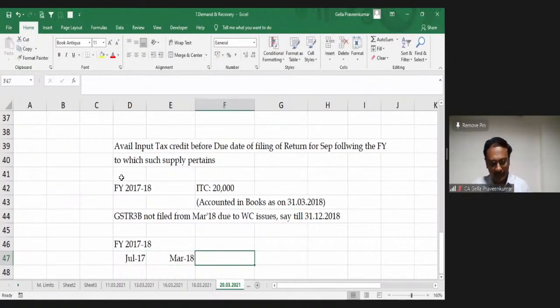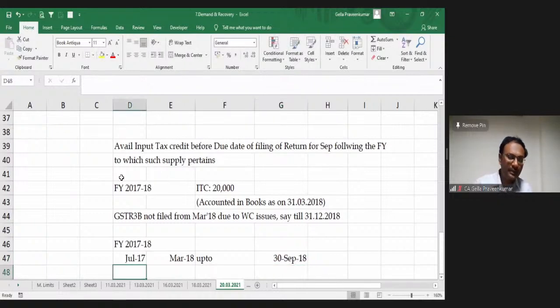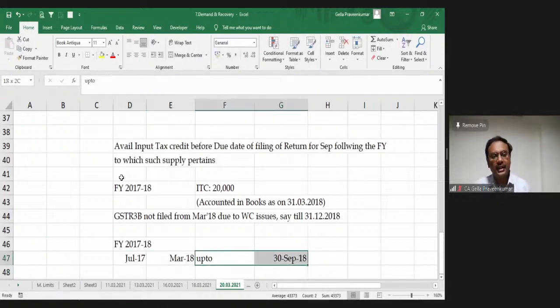If you fail, I'll give a further time limit up to 30th September 2018, which means the return to be filed in the month of September. You take the credit on or before 30th September, in GSTR-3B. If you have not taken it, then you lose the benefit.